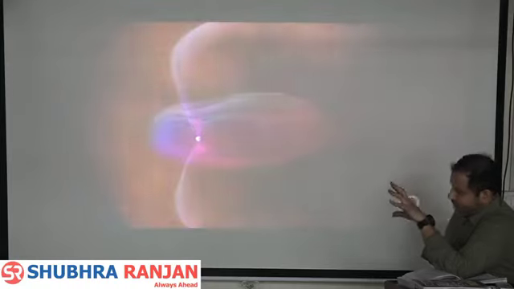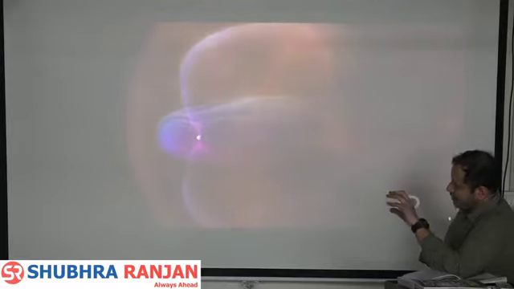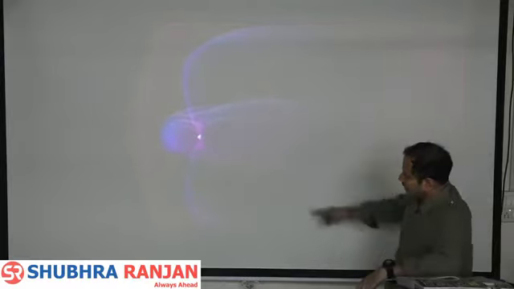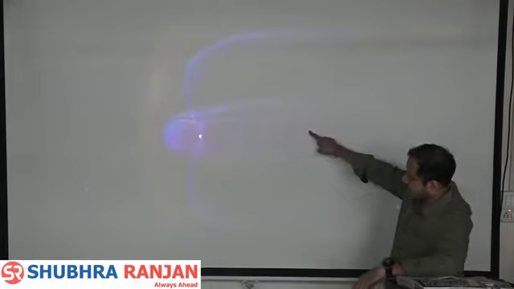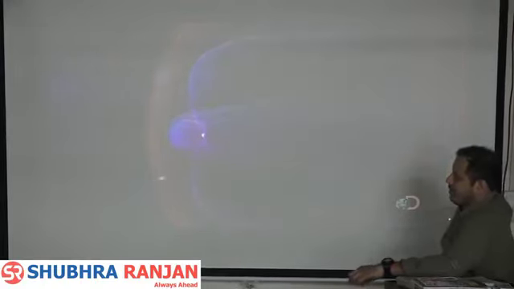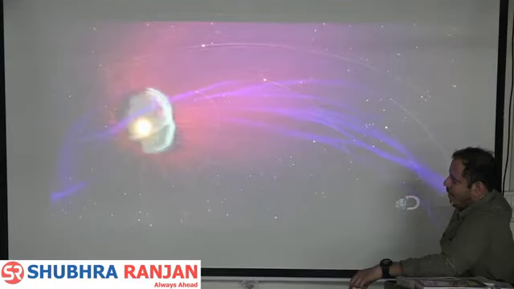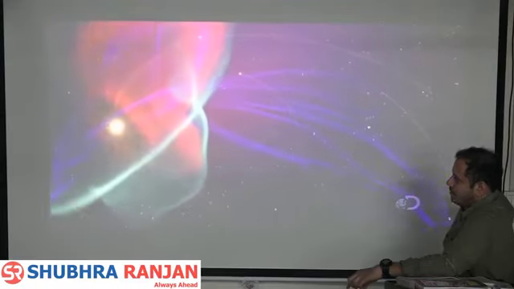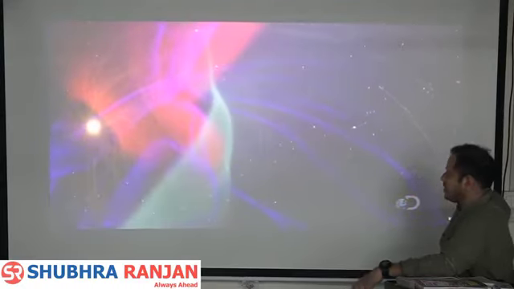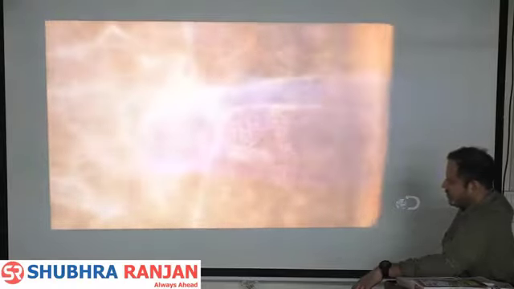It is protecting the earth from the solar winds. And because solar winds are coming and pushing the earth's magnetic field, you can see the magnetic field is getting extended in this direction. So every planet has such a magnetic field, but Earth's is very strong and therefore life is possible on the Earth.